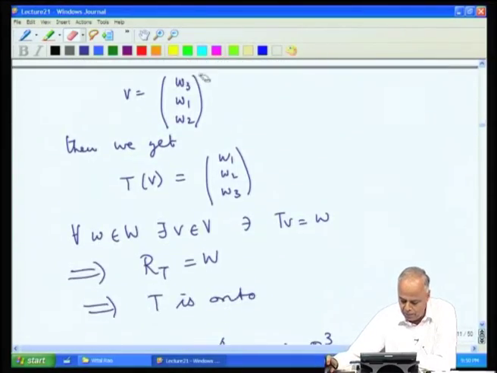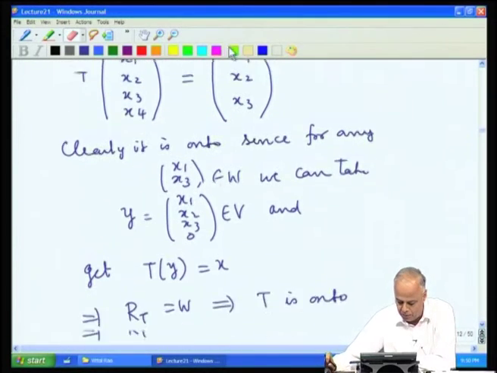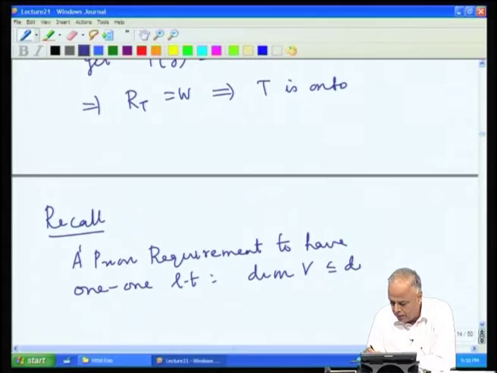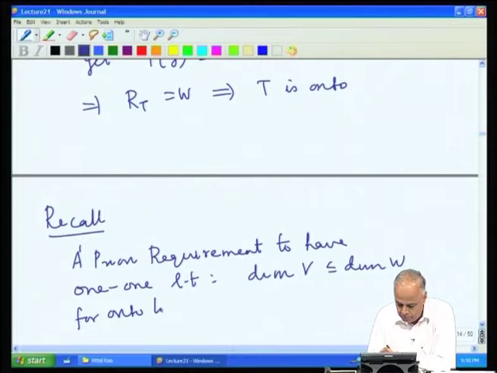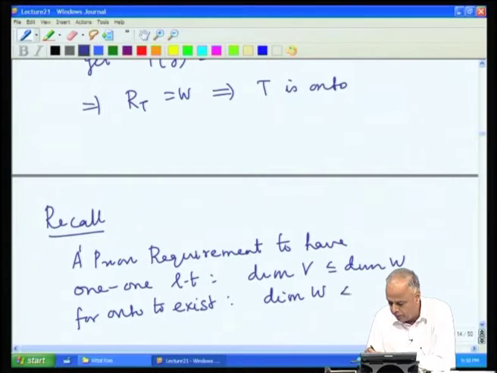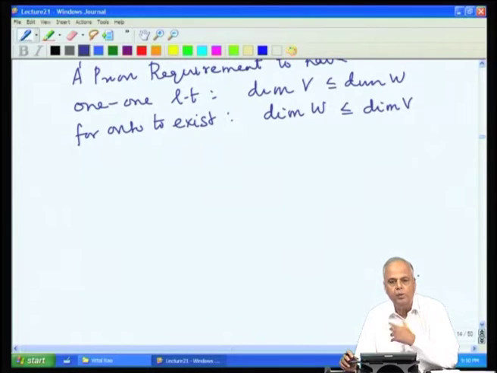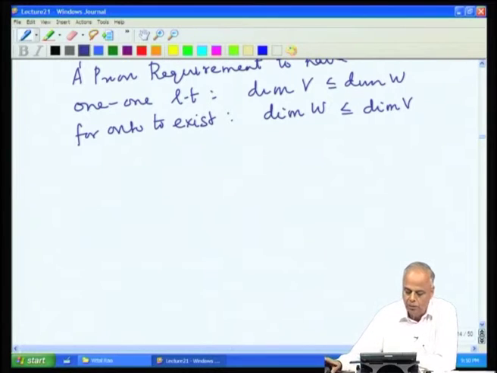So, we should have dimension of V less than or equal to dimension of W for the 1-1 transformation to exist, and then for onto to exist, the requirement was dimension of W is less than or equal to dimension of V. Consequently, if you want to expect both 1-1 and onto, you better start with V and W which both have equal dimension.